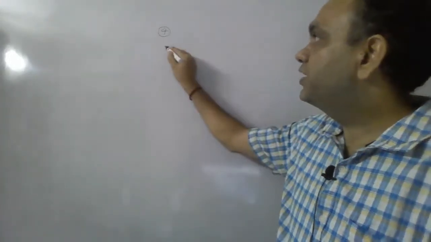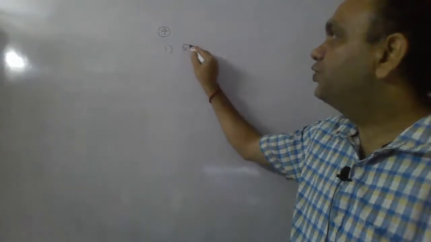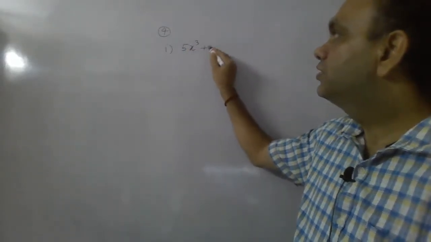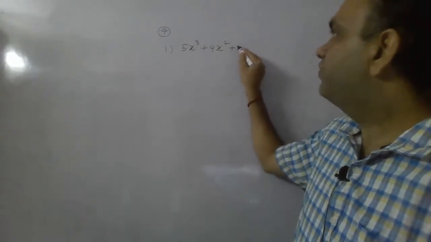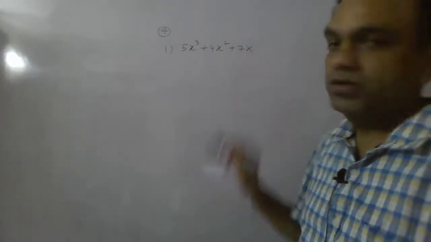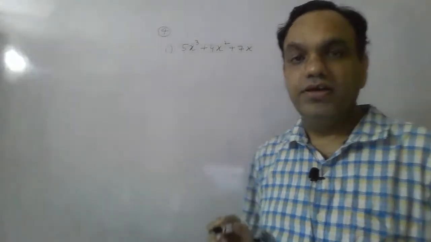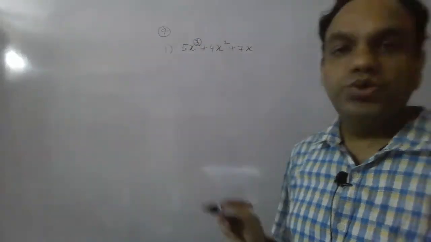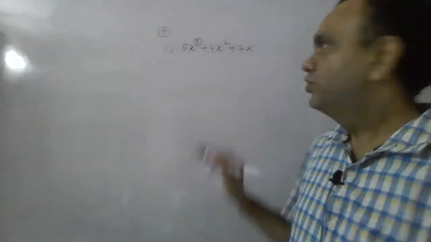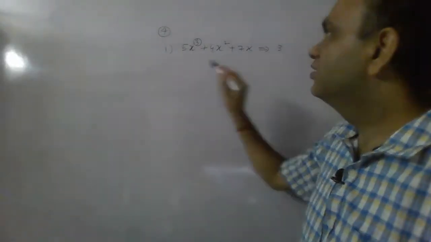So the first one is 5x cube plus 4x square plus 7x. See here, what is the largest power of x? The largest power of x is 3, and that is known as the degree. So we say the degree of this one is 3.